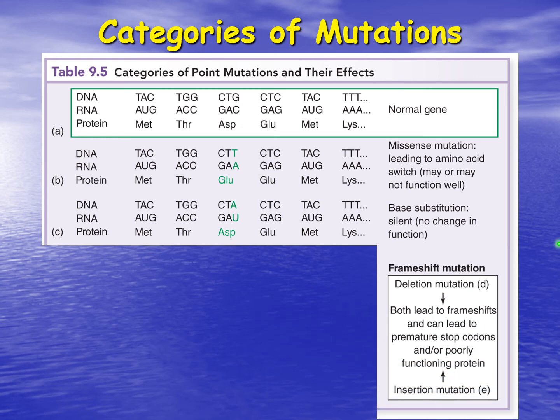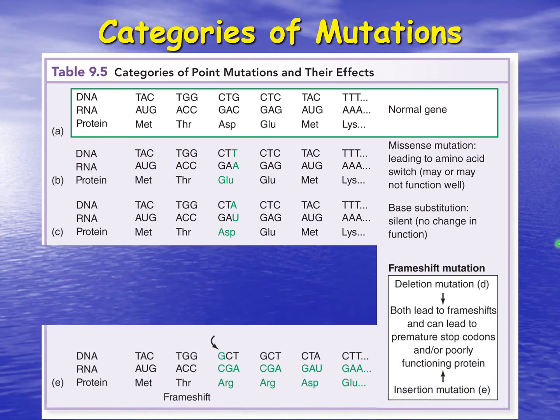Now, again, frame shift mutations. These shift the reading frame. So let's compare our DNA here to the original. TAC, TAC, TGG, TGG, CTG. Oh wait, what we got was we put a guanine in here. And what that does now is shift everything.